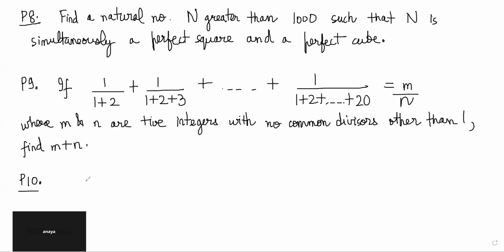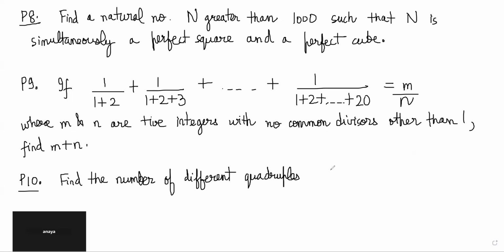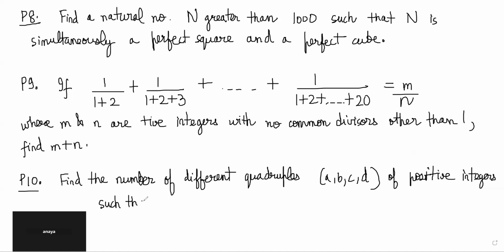Problem 10 is find the number of different quadruples A, B, C, D. Basically, number of different combinations of four numbers A, B, C, D of positive integers such that AB is equal to CD is equal to A plus B plus C plus D minus 3.